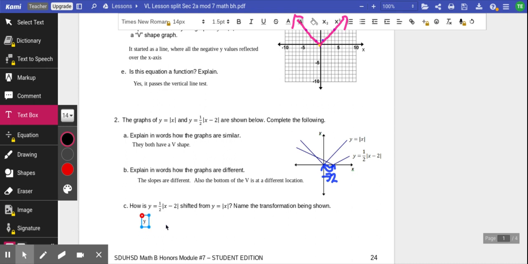So y equals 1/2 the absolute value of x minus 2 is shifted horizontally 2 units right.